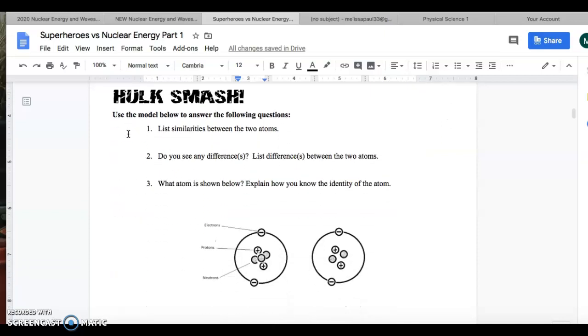To wrap up today's lesson, I would like you guys to please finish the summary here, the Hulk smash. Looking at these two elements, you're going to use your periodic table to identify these two elements. All right.